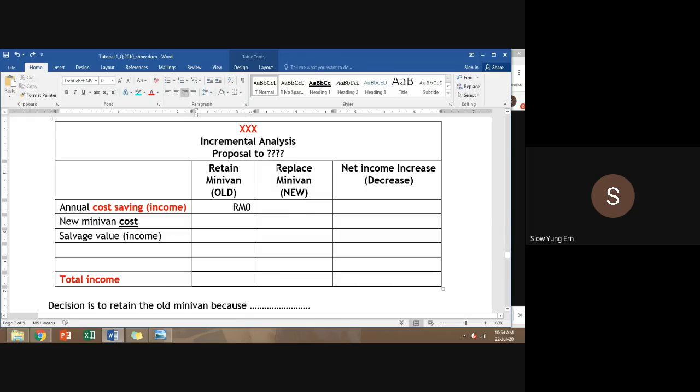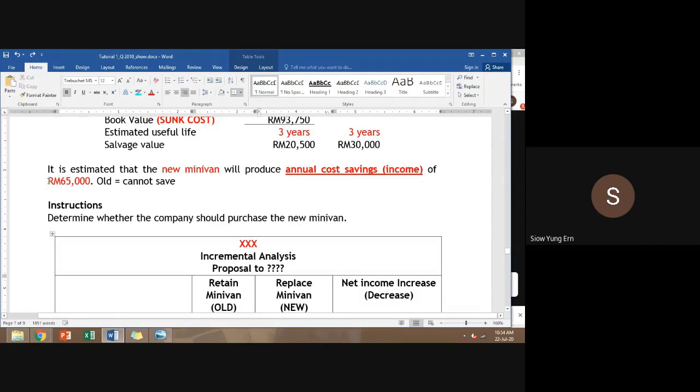Okay, next one, we talk about replacing with the new minivan. First one, annual cost saving for new minivan. 65,000. Okay, 65,000 is 1 year, annual.